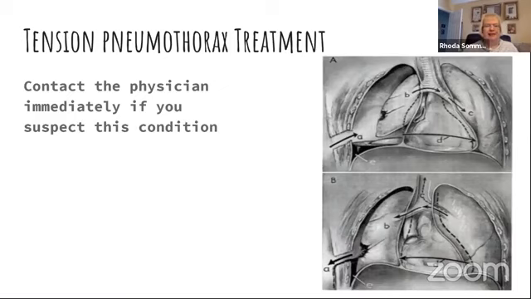If we think that is happening, if we can see the trachea is deviating and the heart is having a harder time pumping blood, because the trachea is pushing on it, then we need to contact that physician immediately because it is life-threatening.